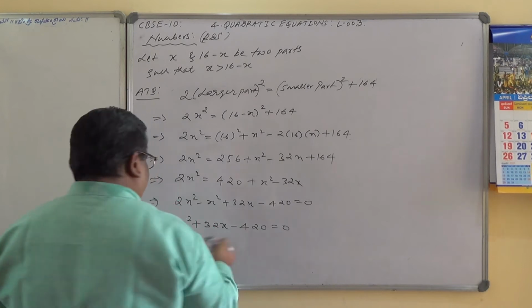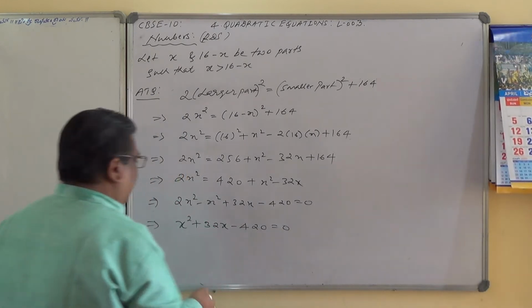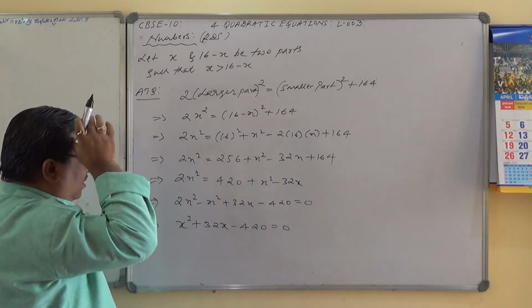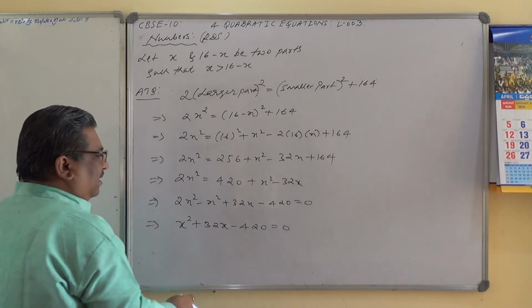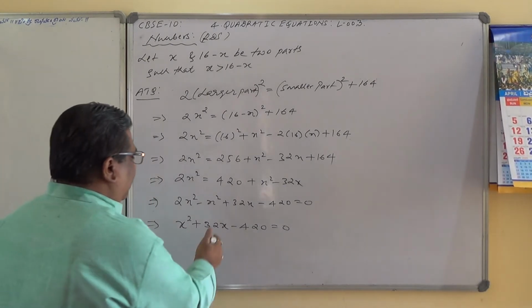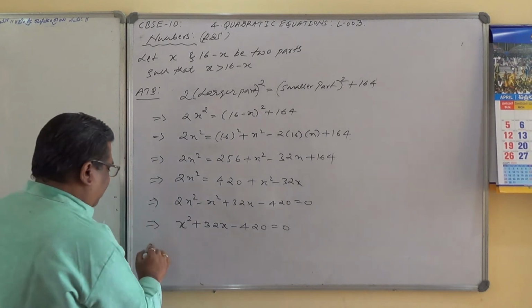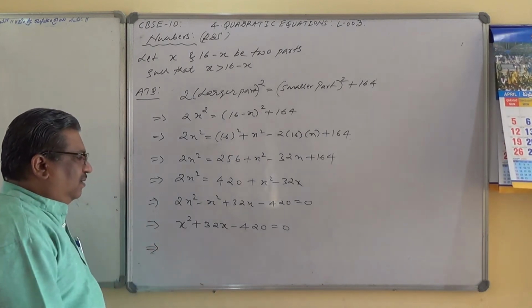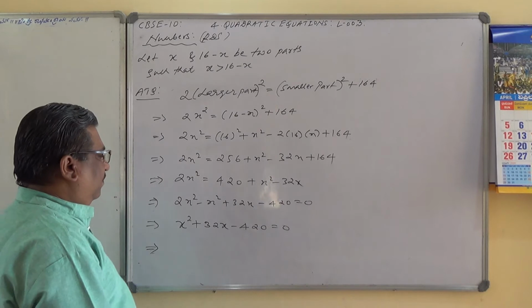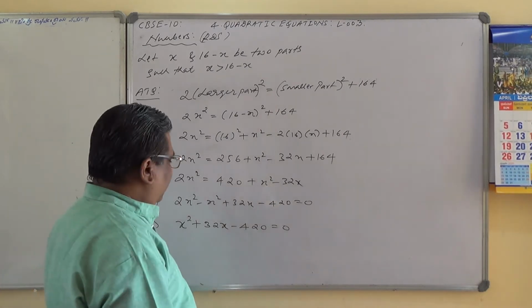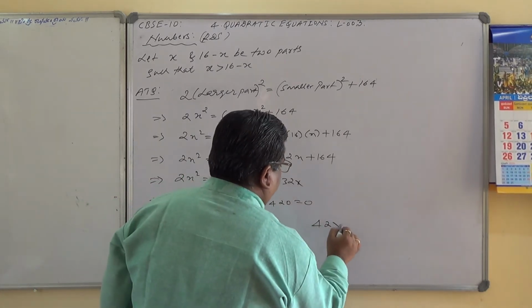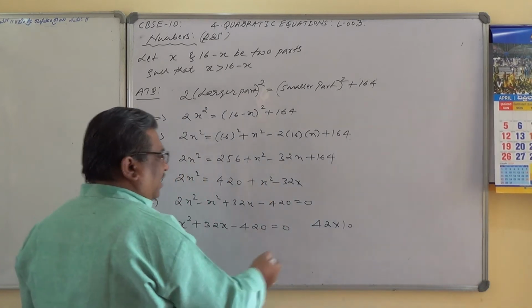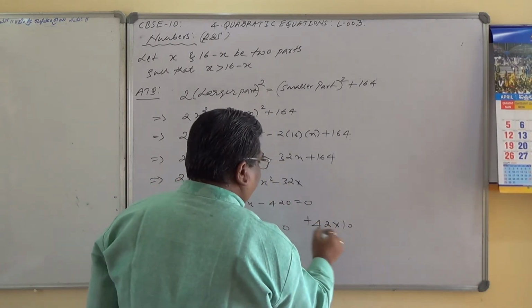Now you have to factorize it. How do you factorize now? See here, 420. We should get a product of minus 420 and a sum of 32, which is 42 into 10. Is it possible? 42 into 10, but minus 420, so plus 42 minus 10.